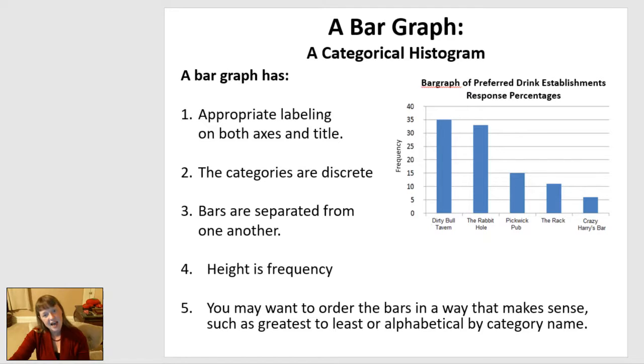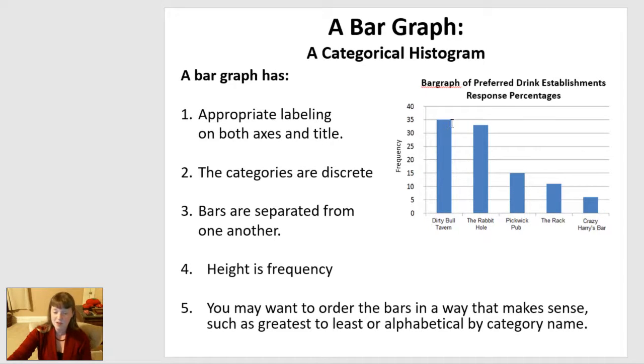They don't run together like a dimension-based variable's outcomes would. Right? When we were dealing with more versus less, the bars touched because there was sort of theoretical quantitative space in between all of the numbers. Now, there's no being in between Dirty Bull and the Rabbit Hole. There's no being in between the Rabbit Hole and Pickwick Pub. And so we keep the bars separate.